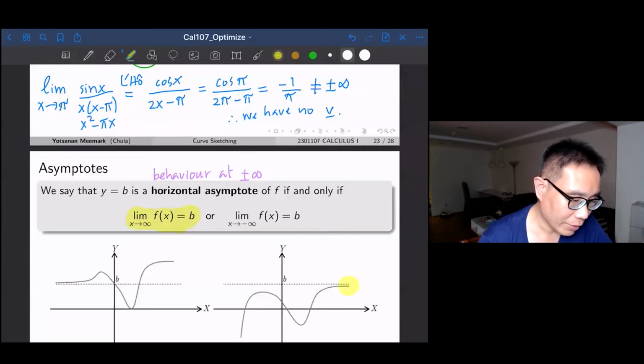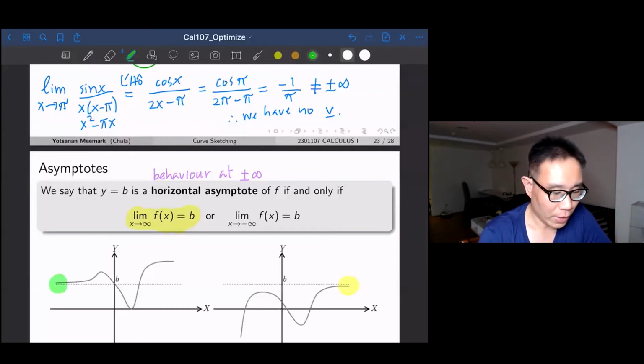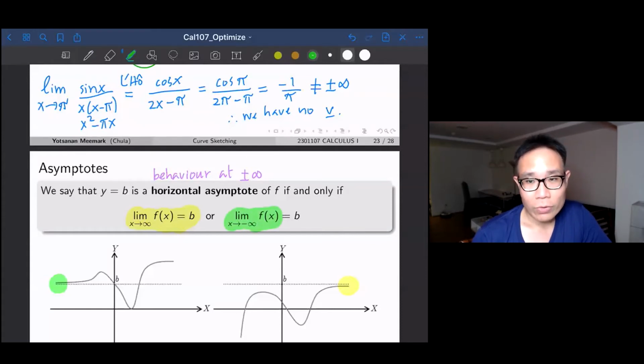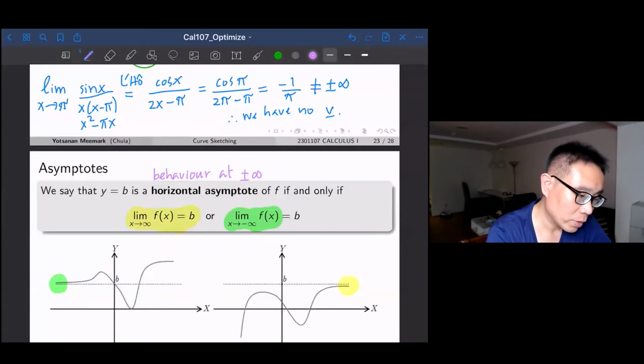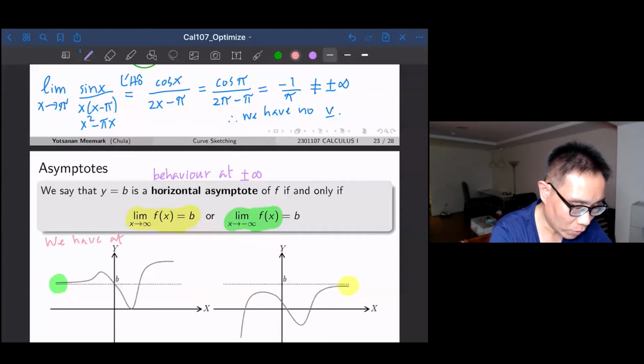And if you have the limit as x goes to negative infinity equal to b, you see that you get a horizontal asymptote as well. So you're going to have at most two horizontal asymptotes for each function.